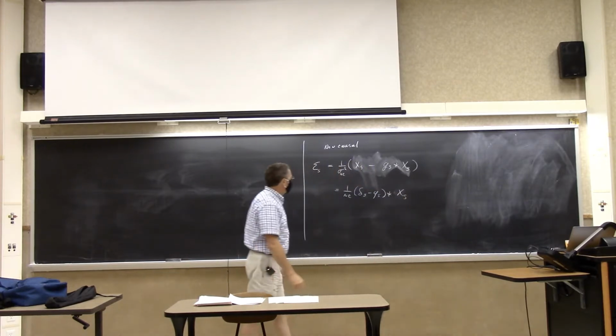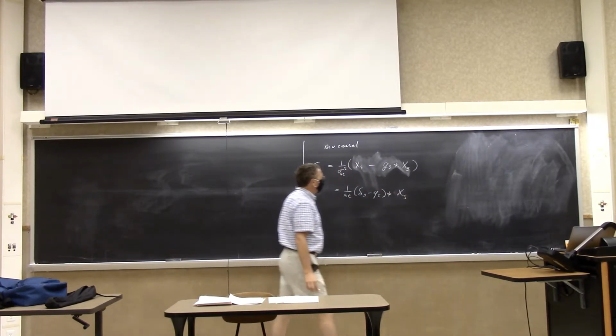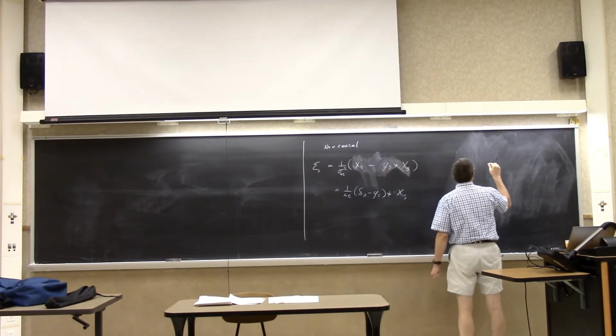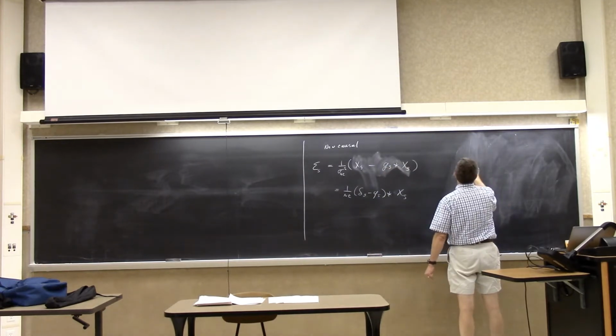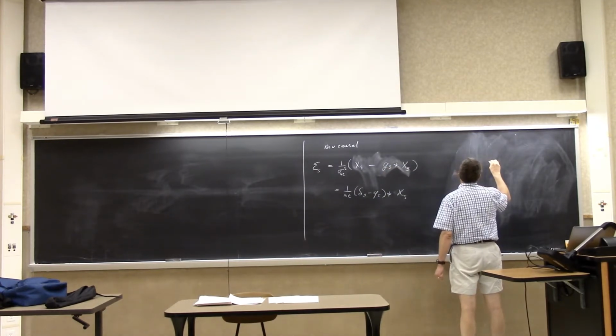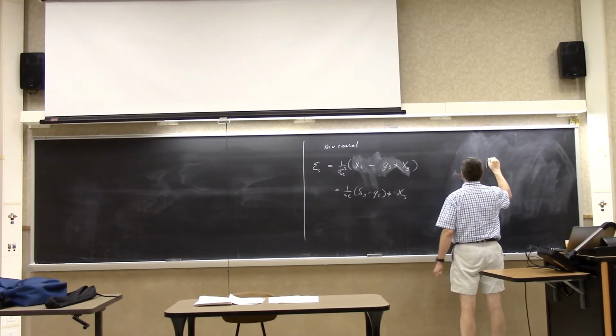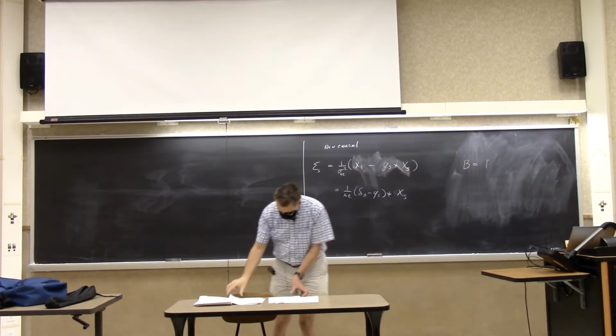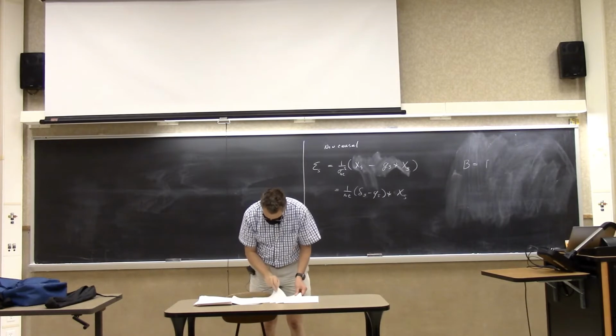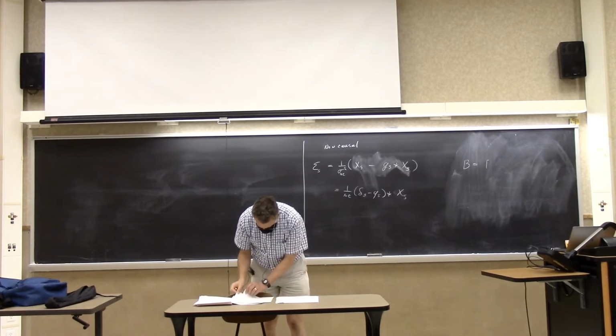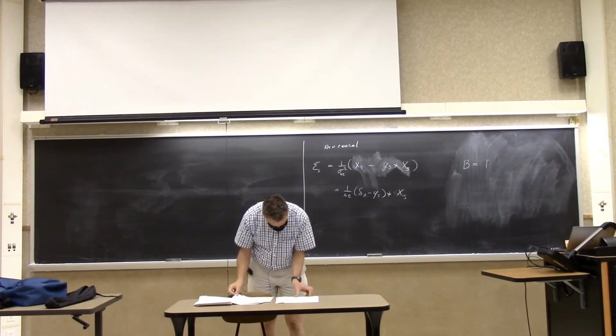Okay, and what ends up happening is that the precision matrix B is equal to, what I call, I want to make sure my notation is consistent. Oh, shoot.